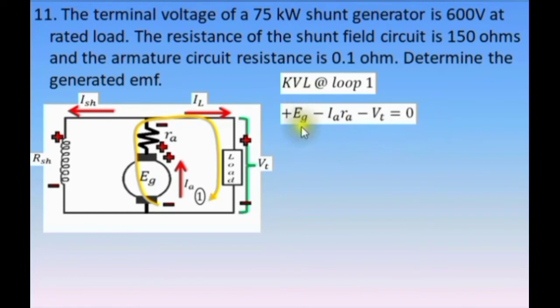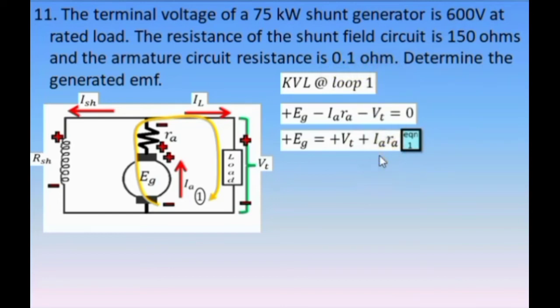And since the generated EMF is required, we transpose negative IA RA minus VT to the other side of the equation. So we have generated EMF equals VT plus IA RA. Let's say that this is equation number 1. The terminal voltage is already given, that is 600 volts, and the armature circuit resistance RA is also given, that is 0.1 ohm.